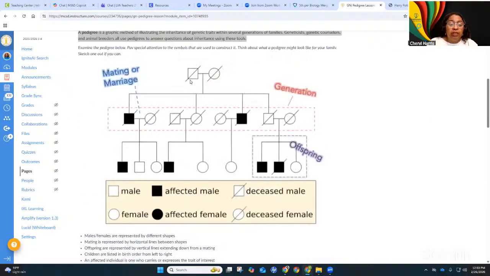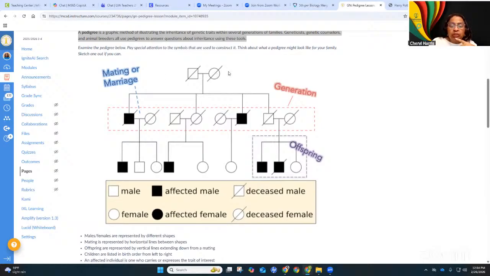The other thing that you need to know about this are these lines. What do these lines represent? Because you're going to have to follow the line. All right, so the line that's horizontal means that those two are married. The line that's vertical means that's going to the next generation. So it will be connected by the next bracket.